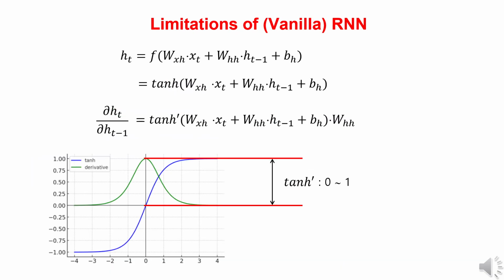However, vanilla RNNs have several limitations. In RNNs, the tanh function is commonly used as the activation function, and when the hidden state is partially differentiated, the result unfolds according to this formula. That is, while tanh outputs values between -1 and 1, its derivative produces values between 0 and 1.